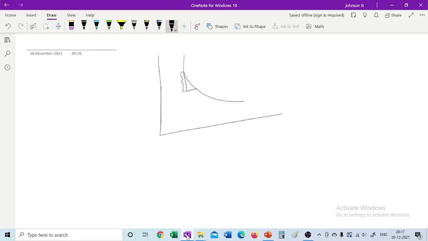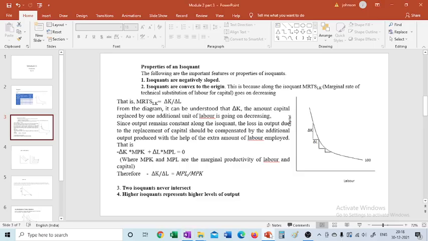Then for the next unit of labor, we replace less capital, this much only. Again, for the next unit of labor, we replace this much of capital only. So this rate of replacement goes on decreasing. That is why isoquants are convex to the origin. Here we can explain some other important features of this convexity.